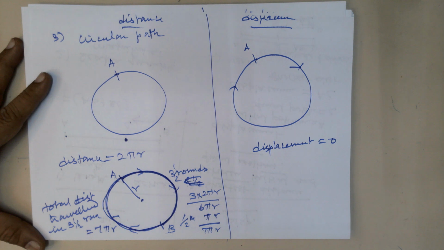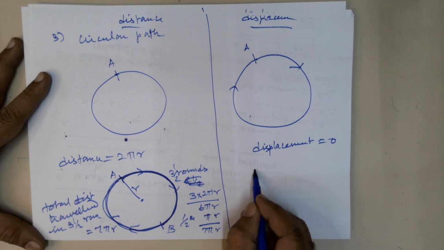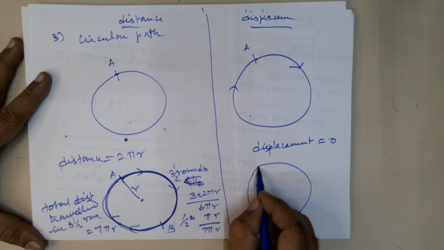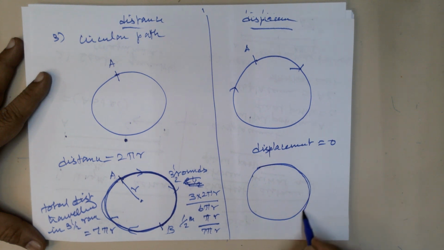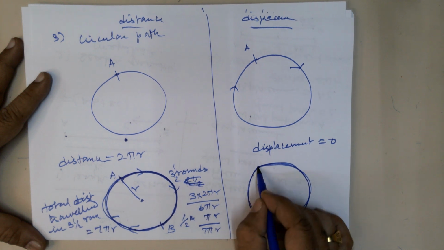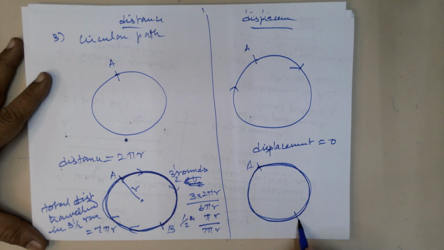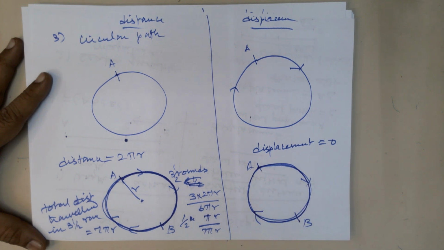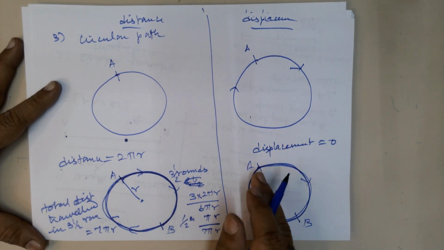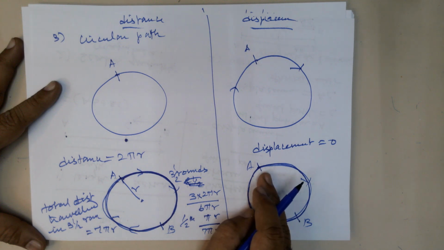But in this case, now it makes one round, again a second round, again a third round. Now in the fourth round, it has stopped at 50% only. What is the displacement? The first round means it has come again to the original position, so it is 0.